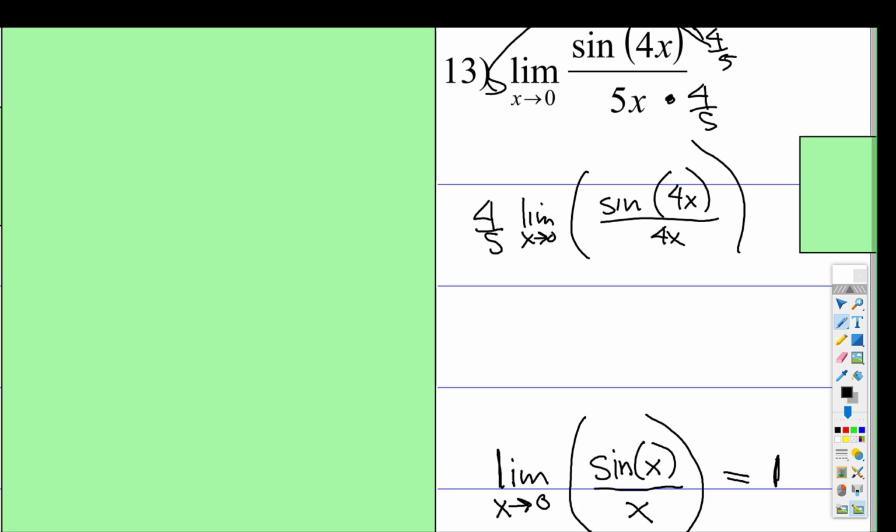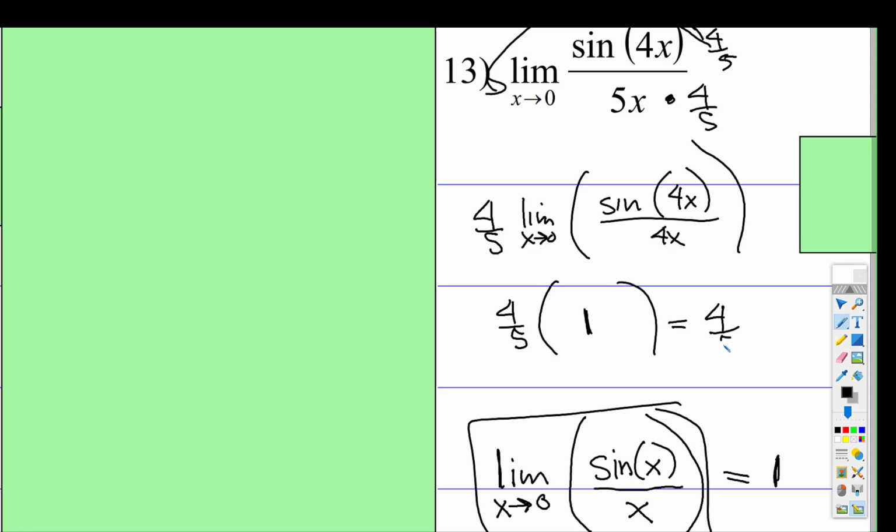And remember, this entire function is equal to 1. So now we can substitute that whole thing in for 1. And so 4/5 times 1 is 4/5.